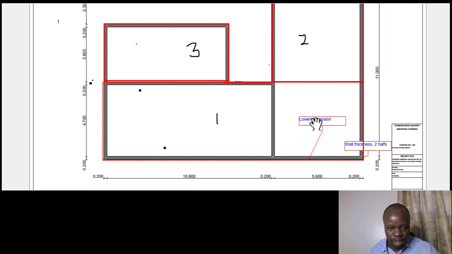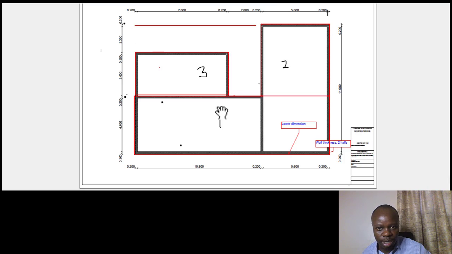If you are seeing it for the first time, you can note a few of those dimensions of our plan, so that you can ascertain that on your own, because measurement is a learning and practical session. You will always have those moments that you need to press your calculator here and there just to confirm whether what is here is really adding up. So this is the plan that we used.